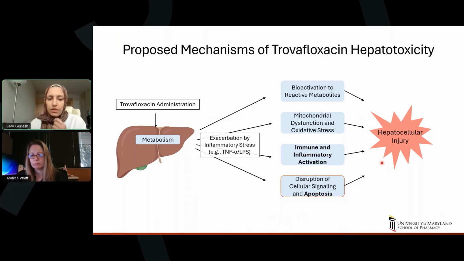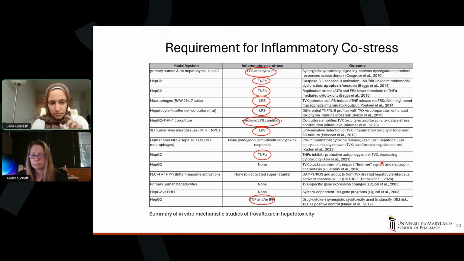So we wanted to look into these different mechanisms further, but before I move into the apoptosis results, I just want to show a summary of some in vitro studies that were used to understand the mechanisms of trovafloxacin toxicity. Most of these studies include co-inflammatory factors such as low-dose LPS or TNF-alpha, and sometimes other cytokines as well.